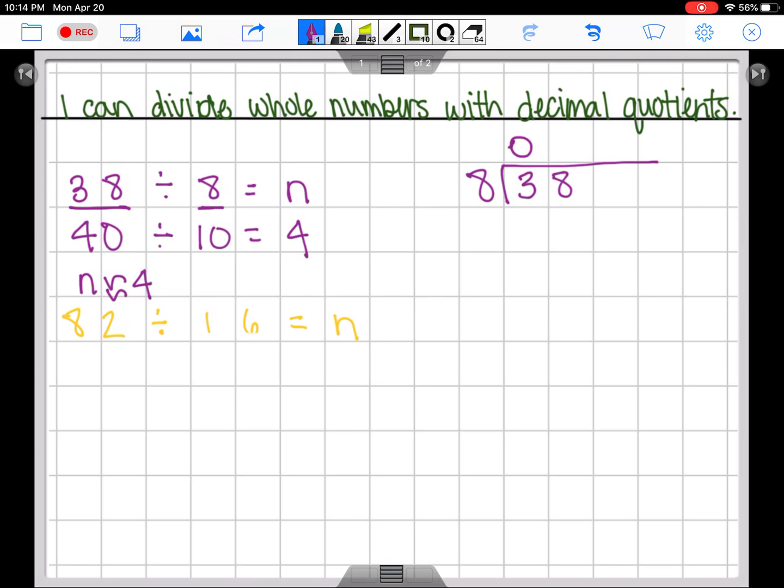Think about those math facts, particularly your multiplication facts. 8 multiplied by what is going to get us close to 38? You're probably thinking 8 multiplied by 4. 4 times 8 is 32. Some subtraction here. We are going to have 6 left over. 8 cannot fit into 6 any times, but we're not looking for remainders right now.